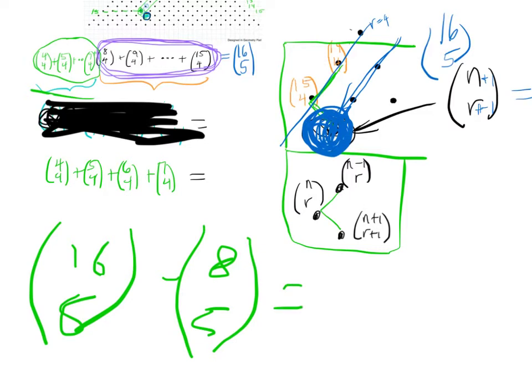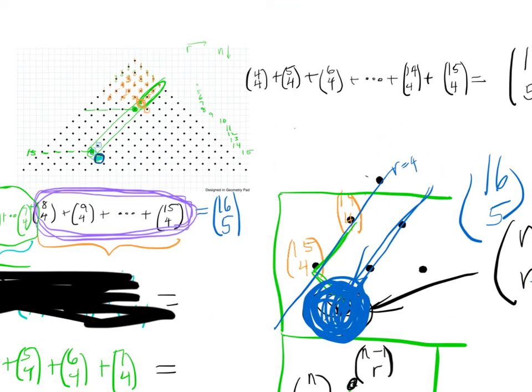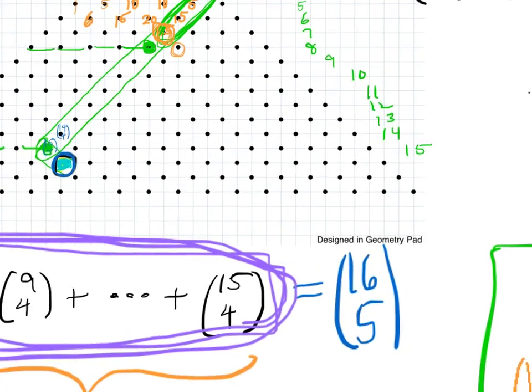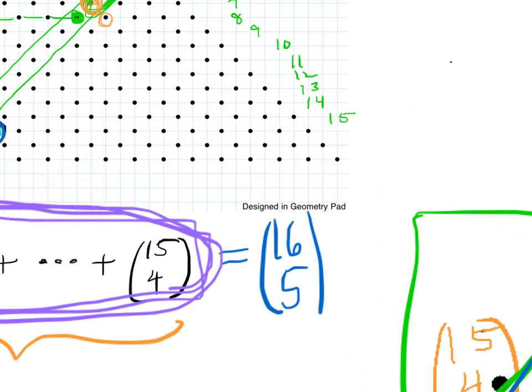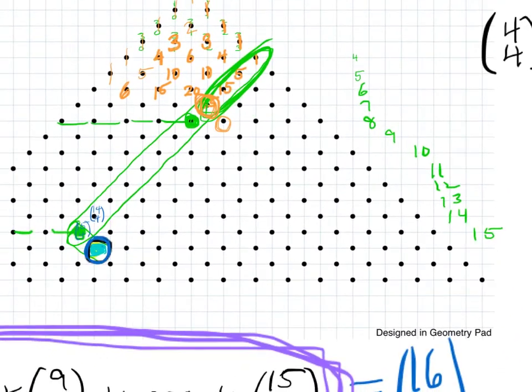Okay. So, just to summarize, we were interested in this purple stuff, right?